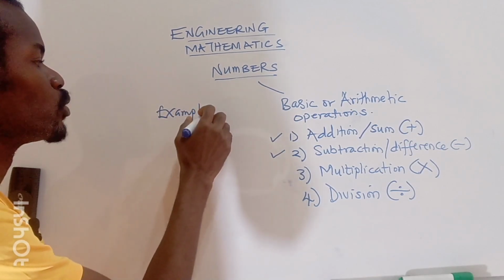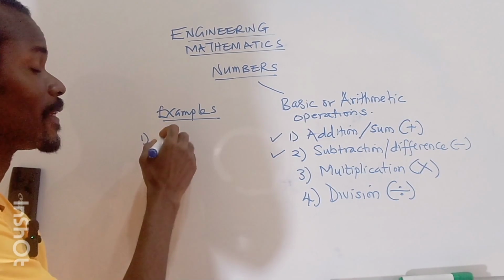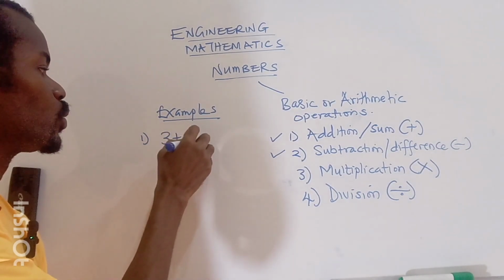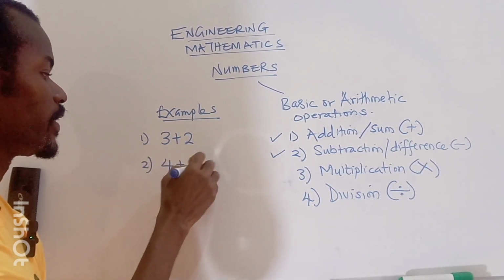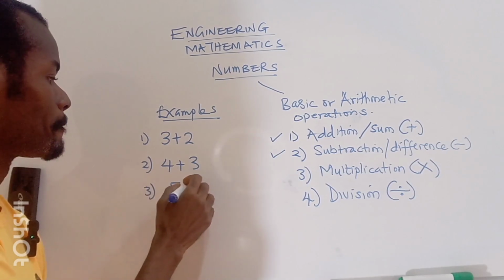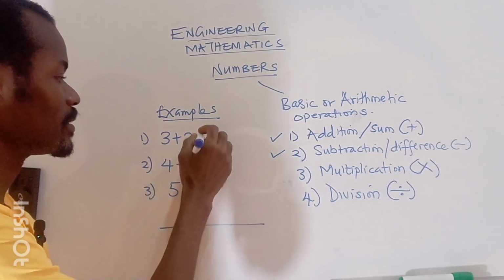Now, when we say we should add two numbers, let's use some simple ones. Let's say 3 plus 2, 4 plus 3, 5 plus 4. What this simply means is this.